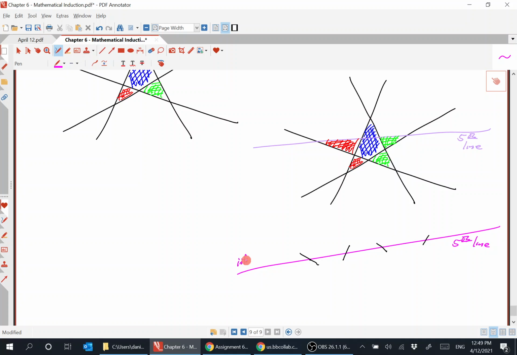This is an infinite ray. Infinite length rays at the beginning and at the end. And these are finite length segments. 1, 2, and 3.